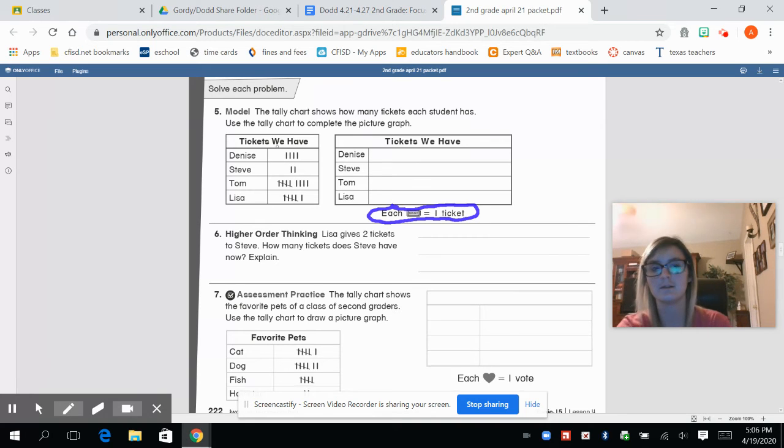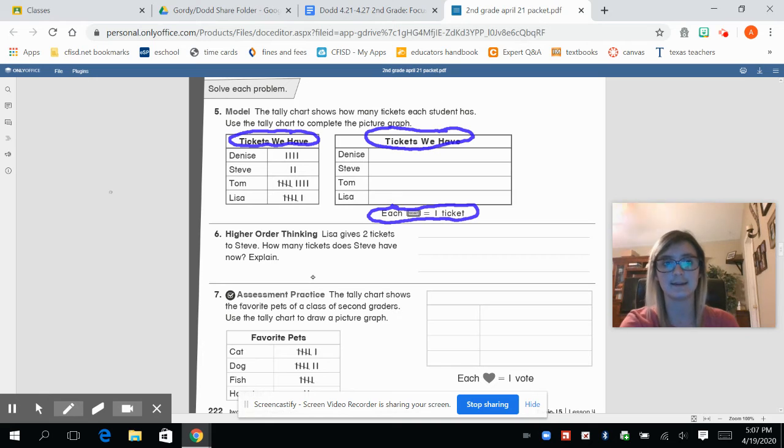And so here, the title says, tickets we have, just like the title on the other graph. Okay, so this here is a tick graph.